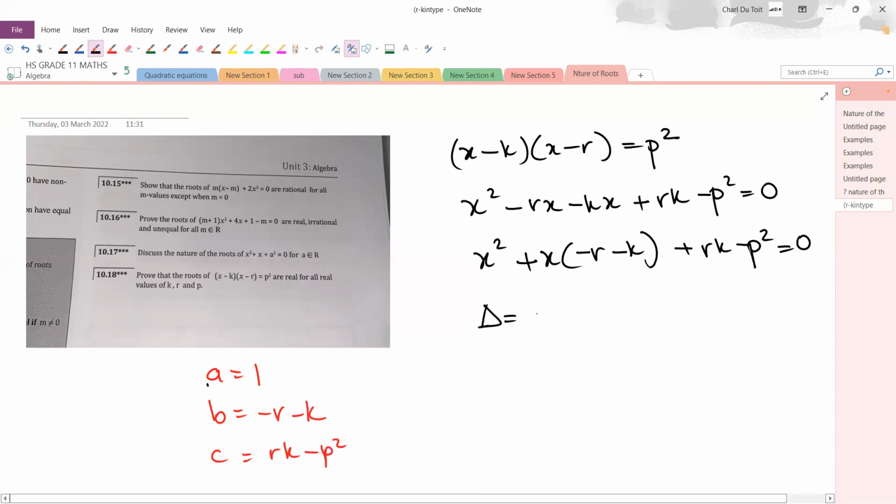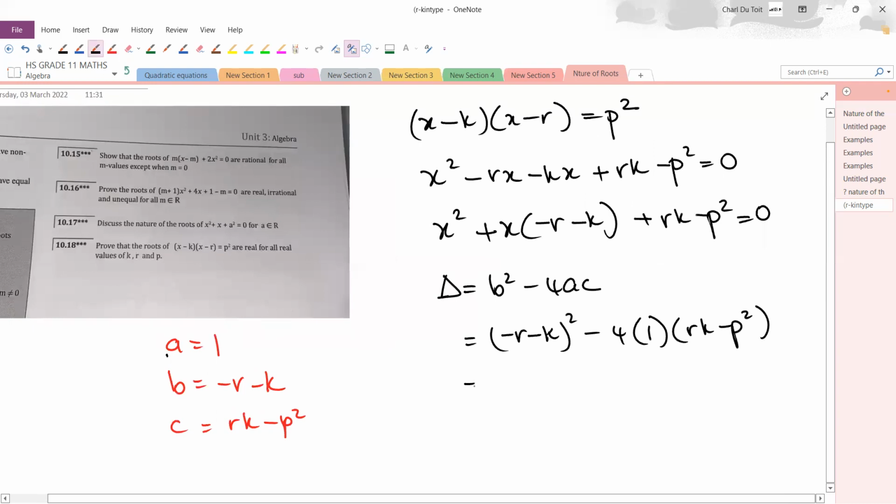So then delta is b squared minus 4ac, and that is (minus r minus k) squared minus 4 times a times (rk minus b squared). That's a lot. So that's r squared minus 2rk plus k squared minus 4rk plus 4b squared.